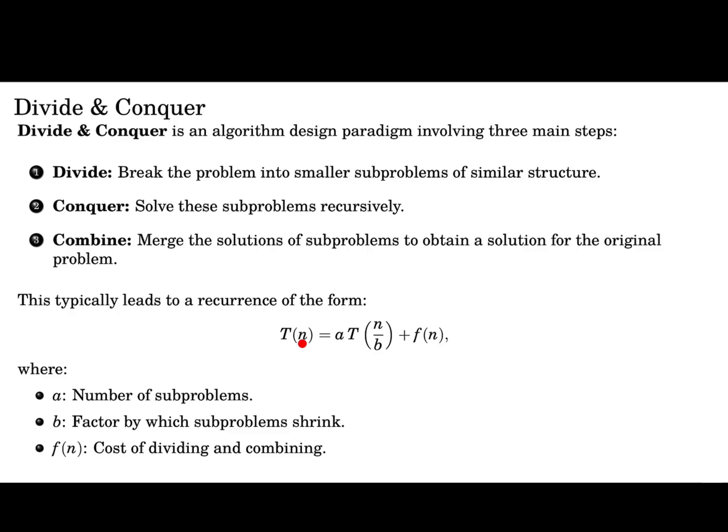This a represents the number of subproblems. This b is the factor by which the subproblem shrinks. And this f of n is the cost of dividing, combining, and other stuff related to the problem, some function of n.